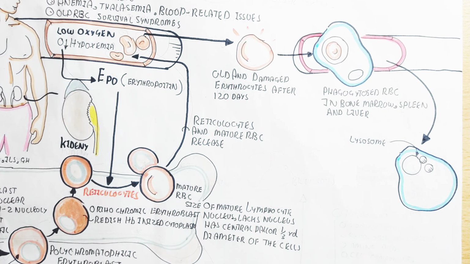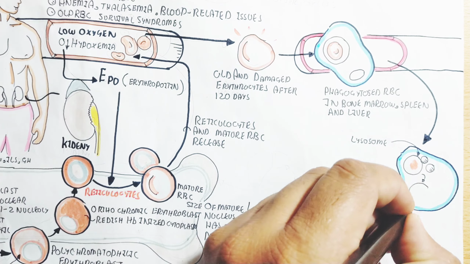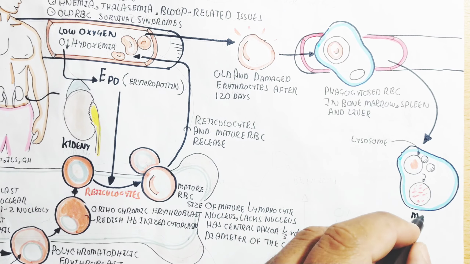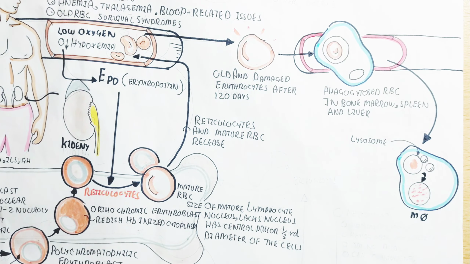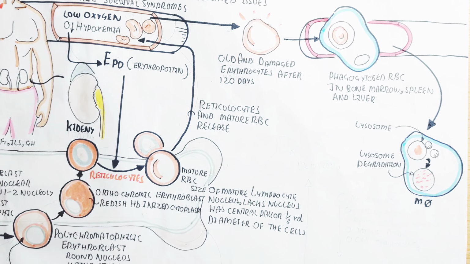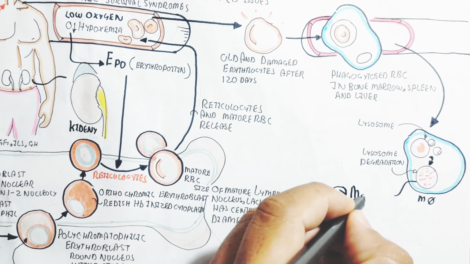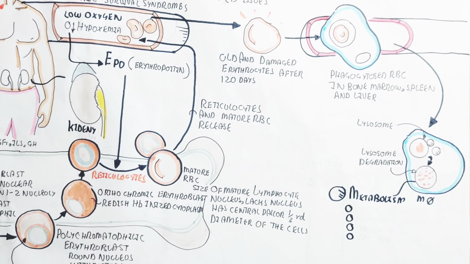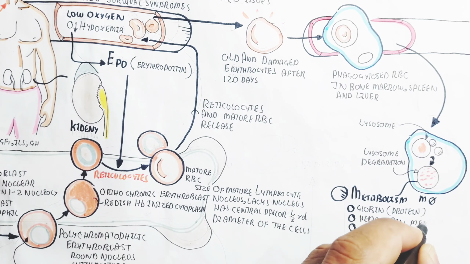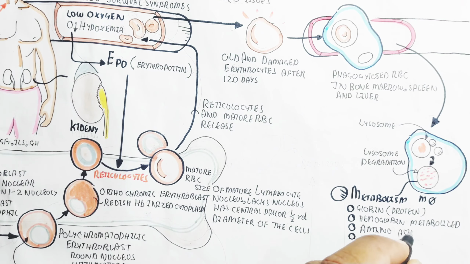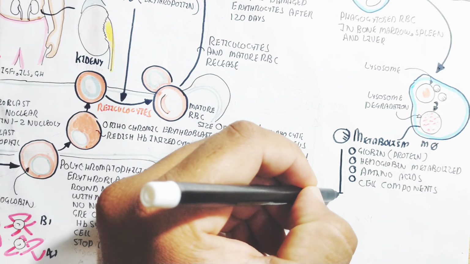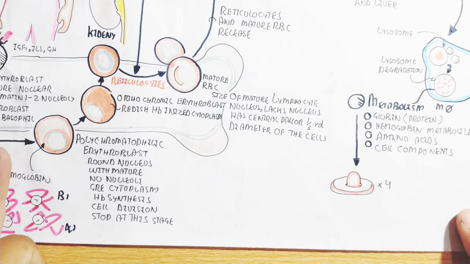The macrophage, which is special in the spleen, contains lysosomes that consume the damaged RBC and break them down. This lysosomal degradation leads to metabolism, which produces different types of content: globin, which is protein, hemoglobin metabolized, amino acids, and cell components, which will be reused in our body.